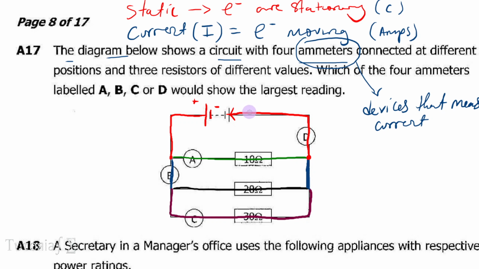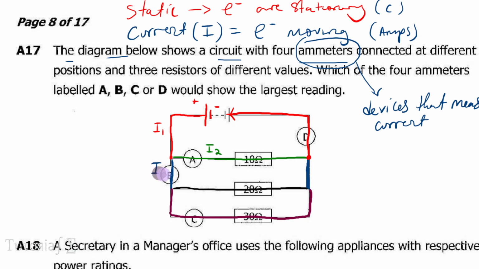Now we have current 1 here, which is the current we are starting with. The current we are starting with is the current with the biggest amount of amps, or value. Then when it splits, it shares its current, so it reduces. We'll call this current 2, and down there it reduces as well.